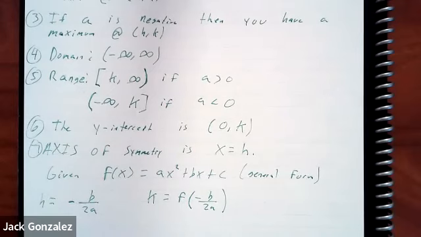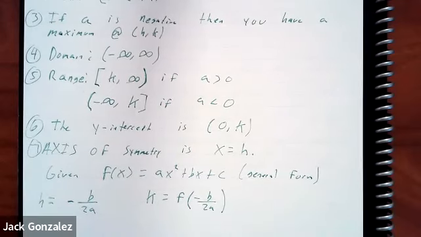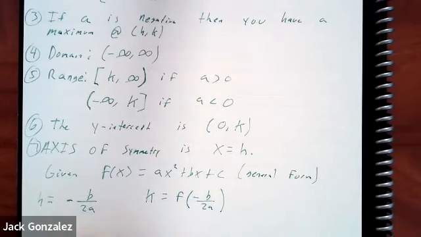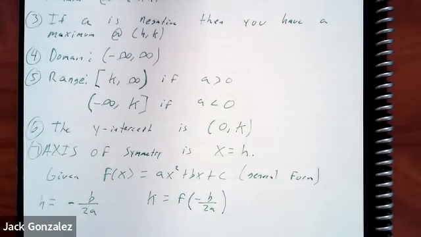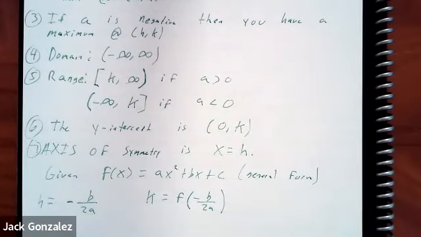So to get K, you need to know what negative B over 2A is. You just divide that out, then find the number or fraction, and plug it into this. Almost everything else would be the same.